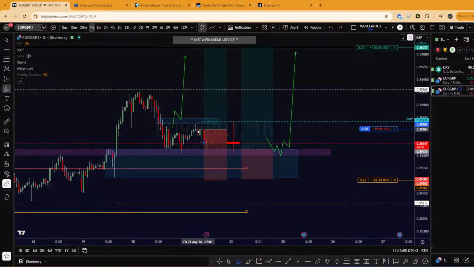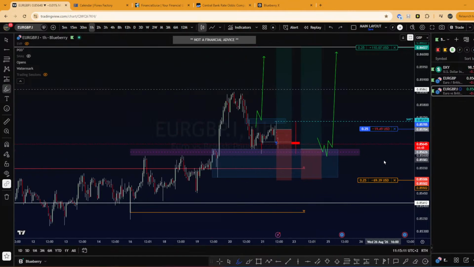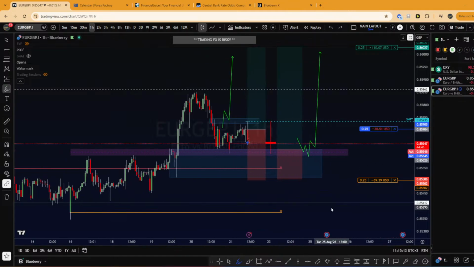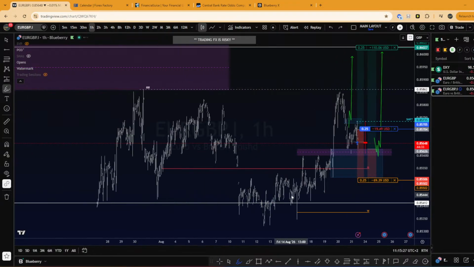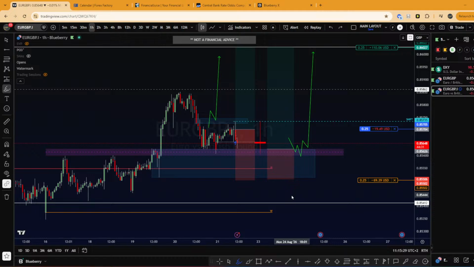Because I was already in, if maybe I close this and enter here, I don't want to risk too much, especially as we are on Friday and already banked some profit, so I don't want to give back my profit to the market. But it's looking very good right now. See, we start to see some sort of rejection.